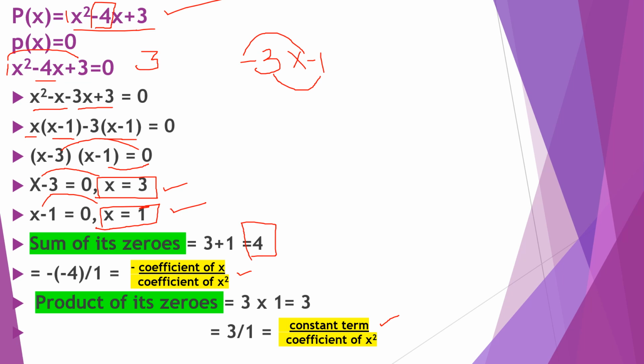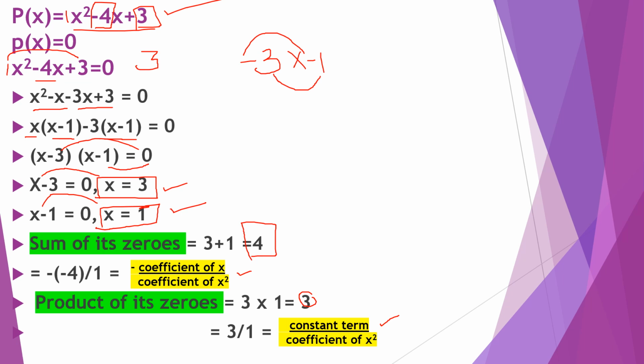What is the constant term here? 3, divided by the coefficient of x square, which is 1. 3 by 1, have we got the product of zeros as 3 in this equation? Yes. Always the product of zeros for a quadratic polynomial will be the constant term divided by the coefficient of x square.